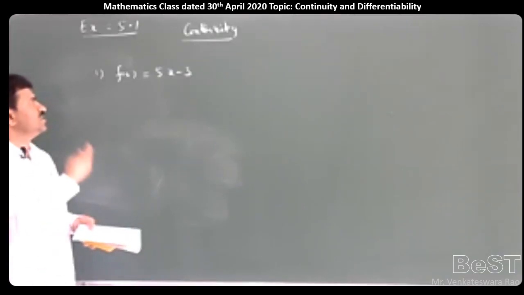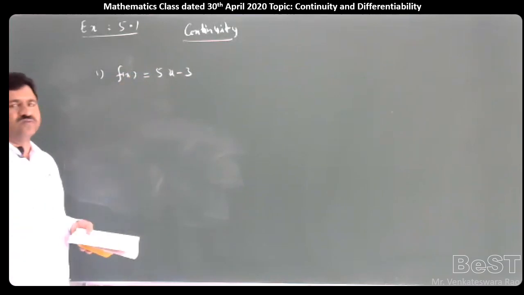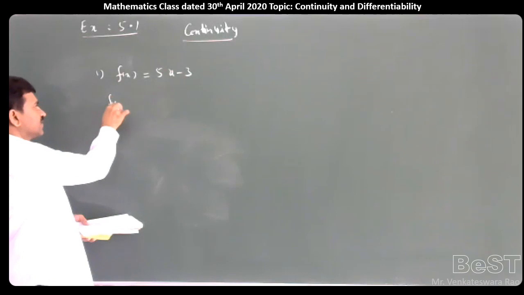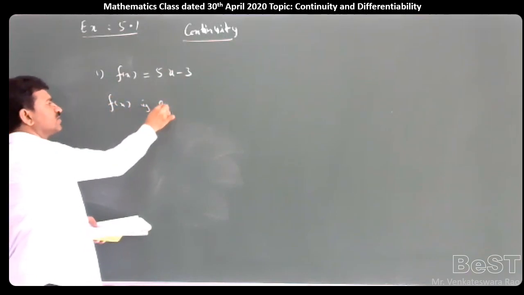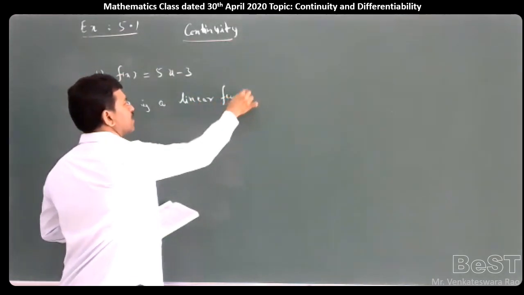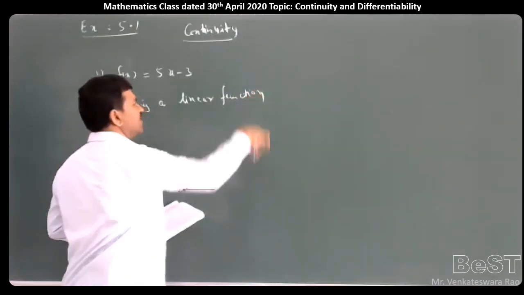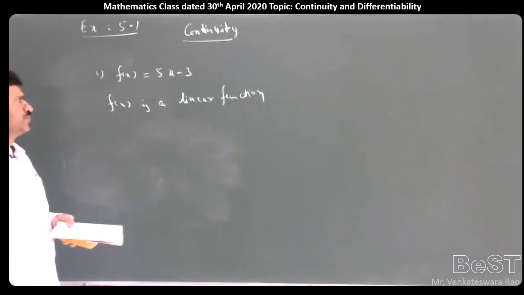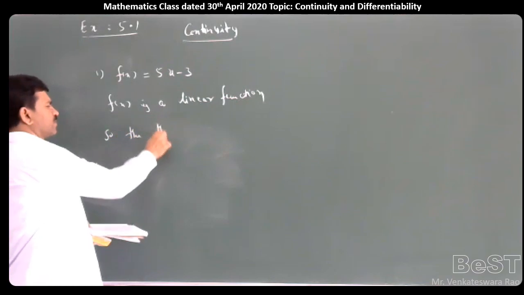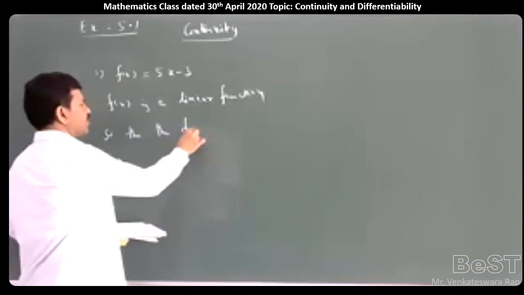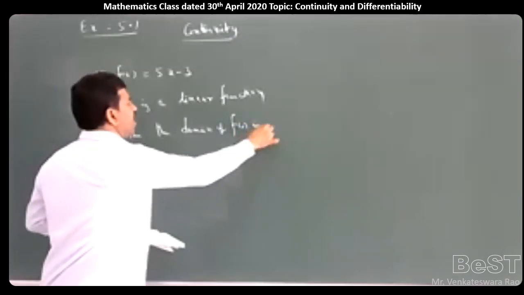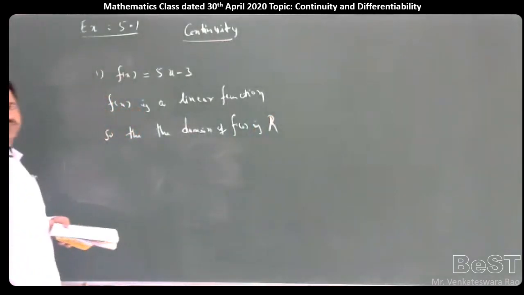Just note down. Given f of x is equal to 5x minus 3. f of x is a linear function. How to write the answer? It is a linear function. So the domain of f of x is R, real number system.